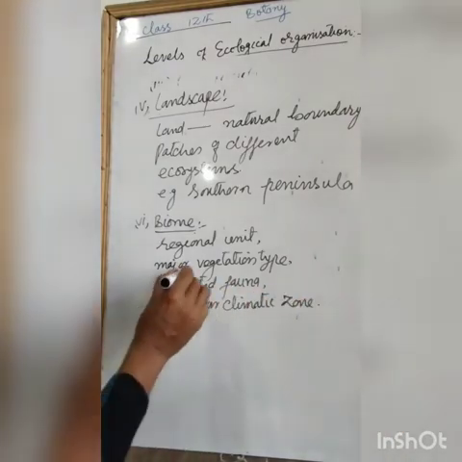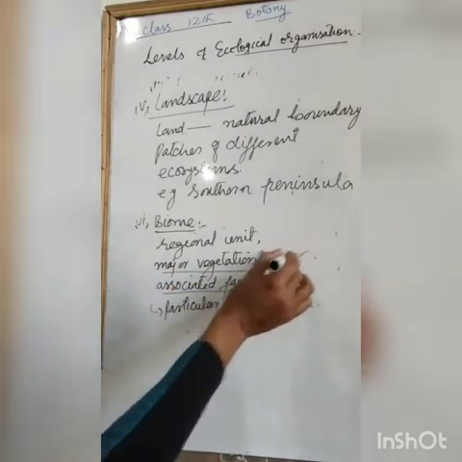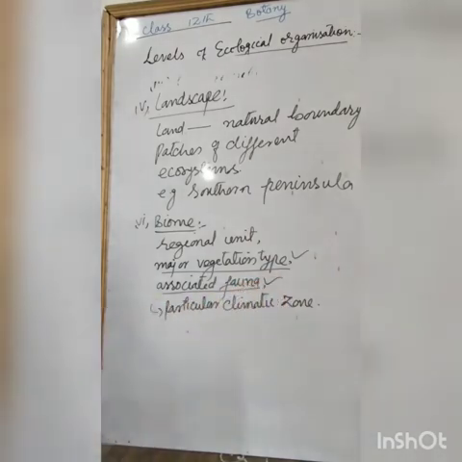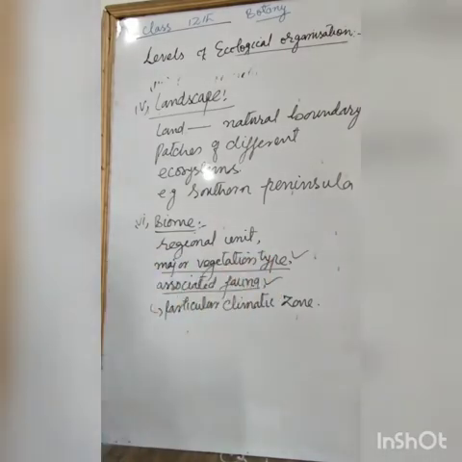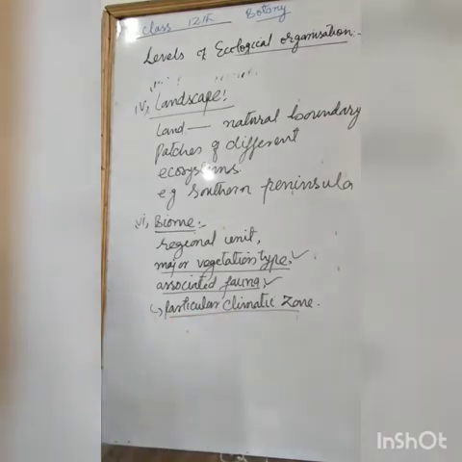That is, there are three main features of a biome: the major vegetation type, the associated fauna, or you can say the flora and fauna, and the particular climatic zone. For instance, there are tropical rainforests, deciduous forests, sea coasts, deserts. These are major biomes of India.